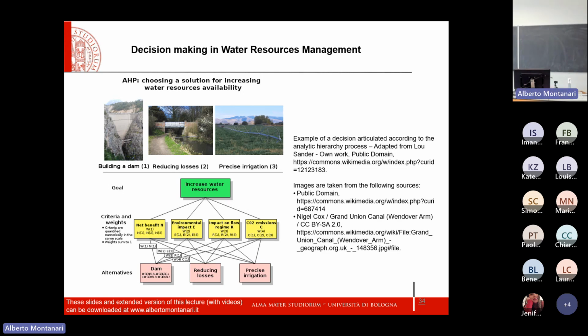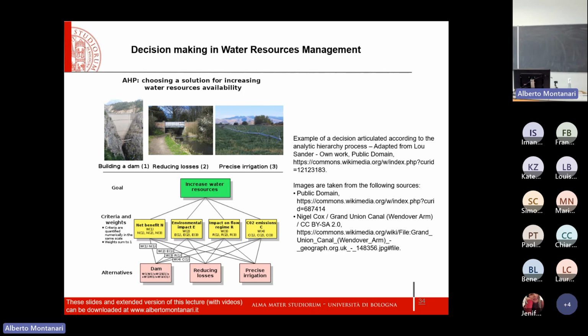The 1 here is solution 1, the dam, and R is the impact on river flow regime. And then W4, weight 4, times C1, CO2 emissions for solution 1, which is the dam. And then I sum these 4 contributions and I get an overall score for the dam.